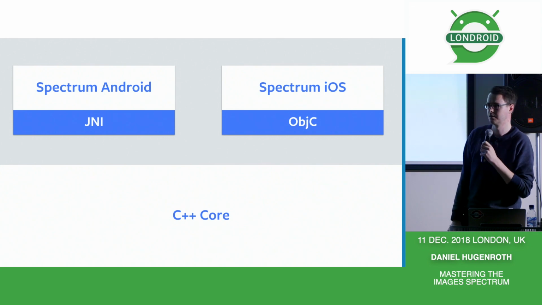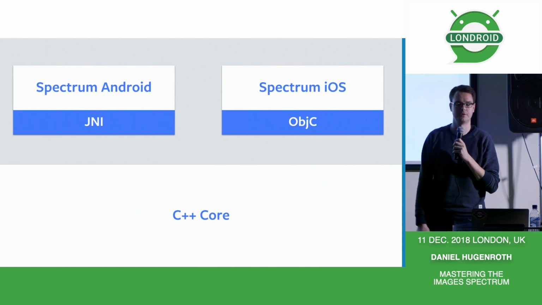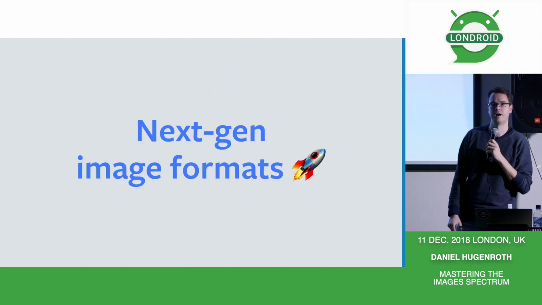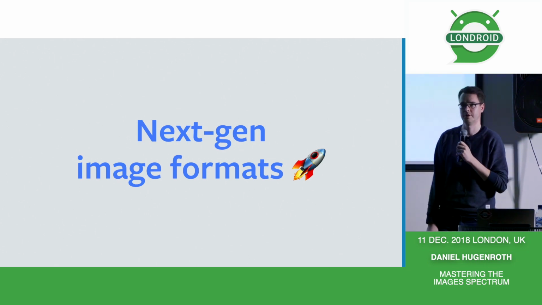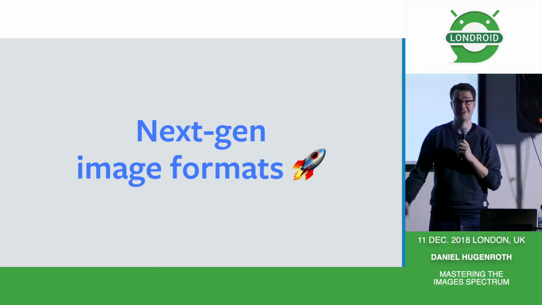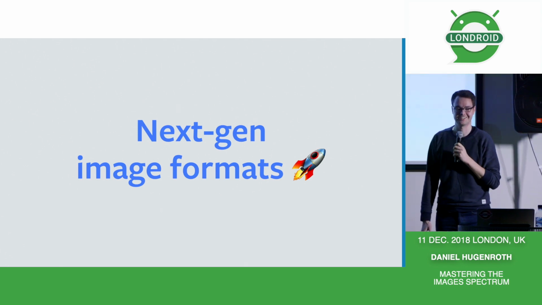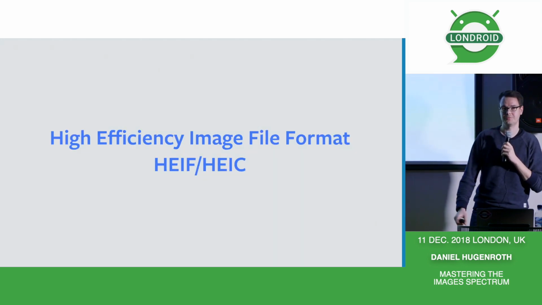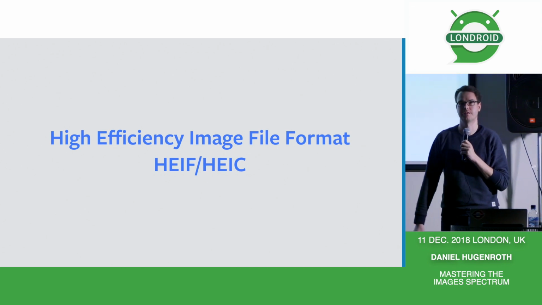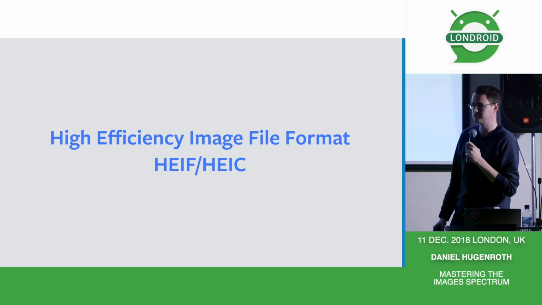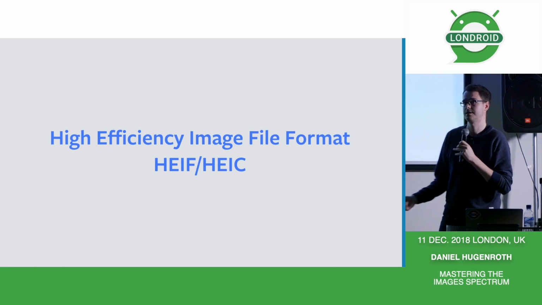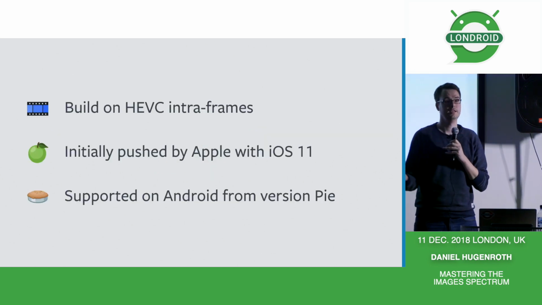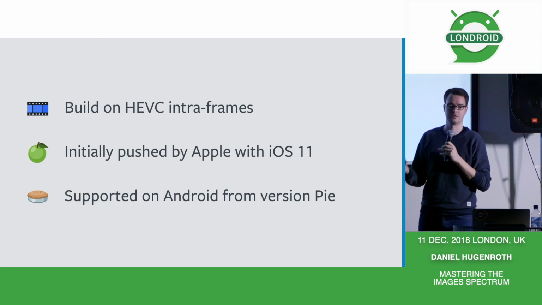image formats. While JPEG is extremely popular nowadays, there are at least two image formats on the horizon which are really interesting and that I'm personally very excited about, and that's why I want to share them here. The first one you might have seen in the Android documentation is HEIF. It is basically a container that takes keyframes of the HEVC video codec.